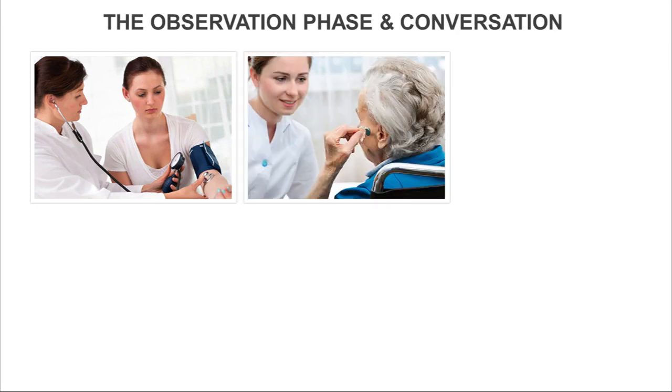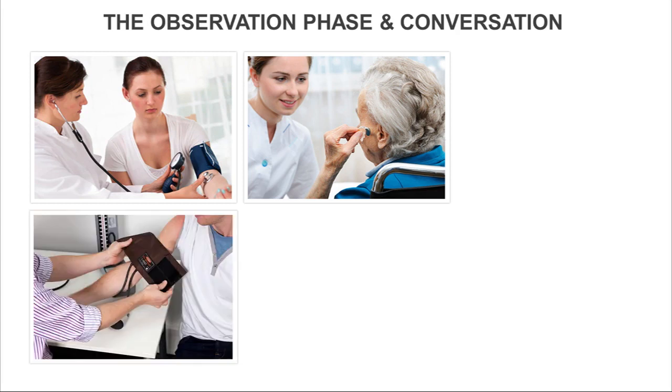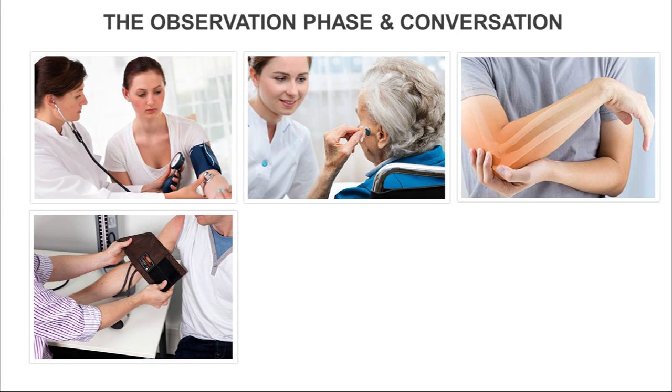Temperature check. When checking the temperature, ask, do you have a hearing aid in, and verbalize aloud that you will be checking for signs of swelling or redness in the ear canal. Blood pressure check. Before checking the BP, ask, have you had any surgeries or inflammation on this arm?